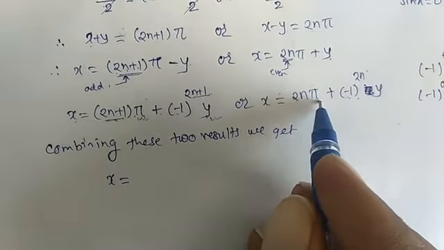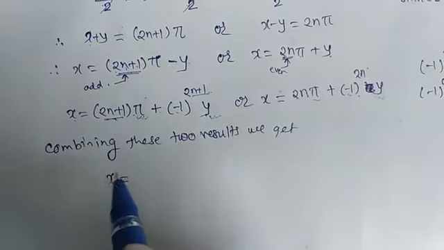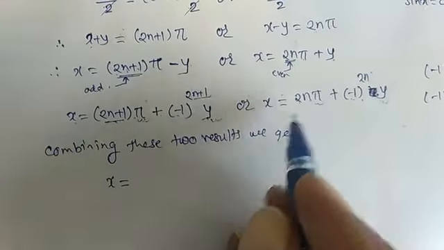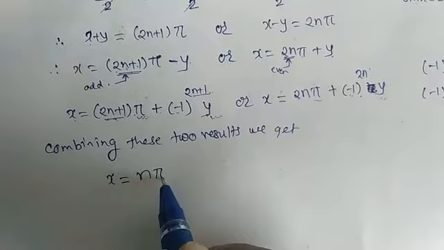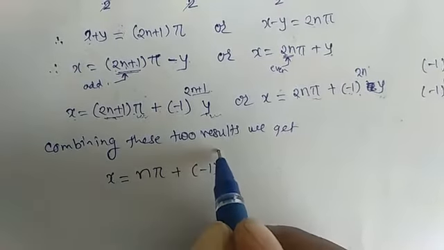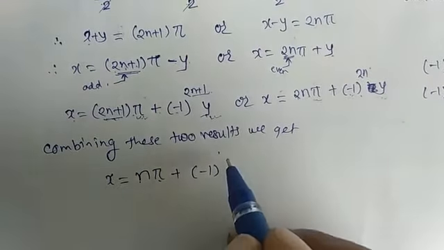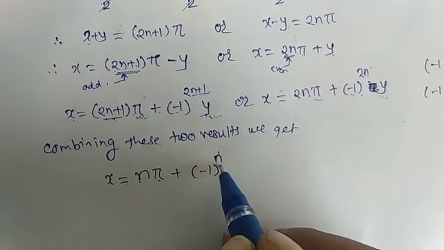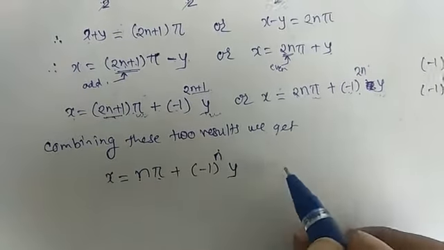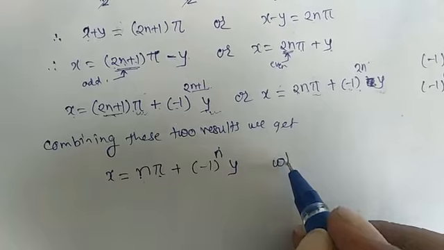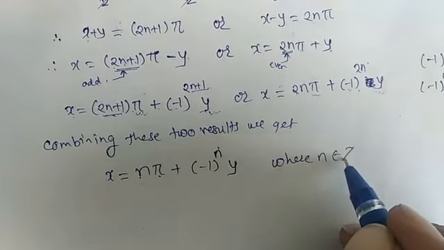It can be written as n pi plus minus 1 raised to n y, where n belongs to Z.